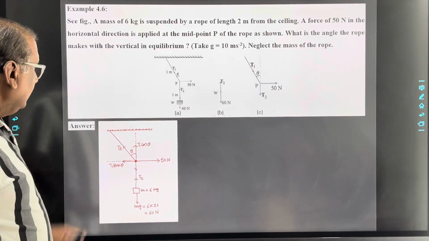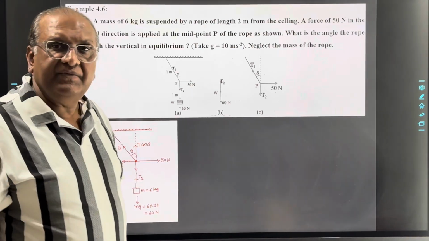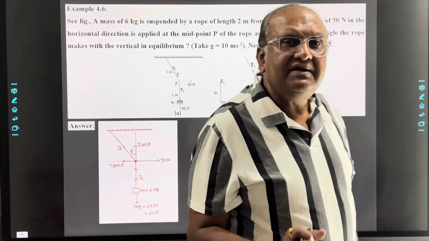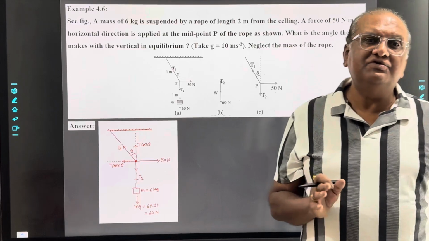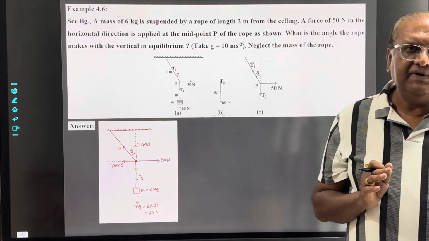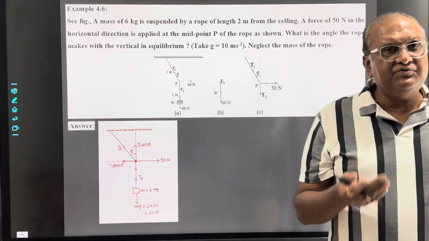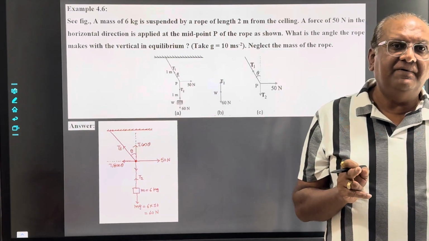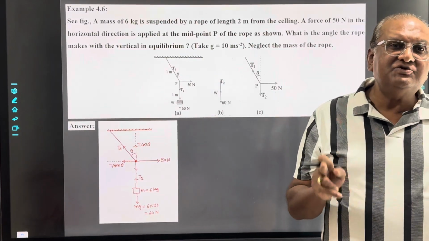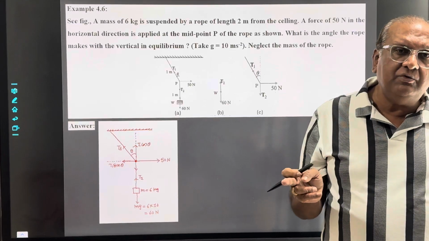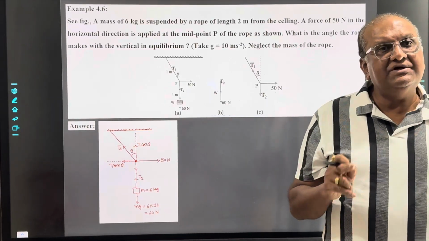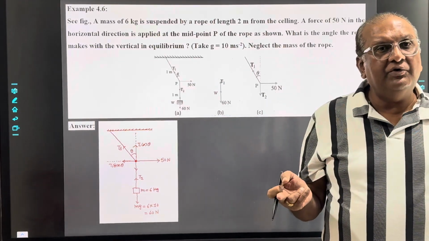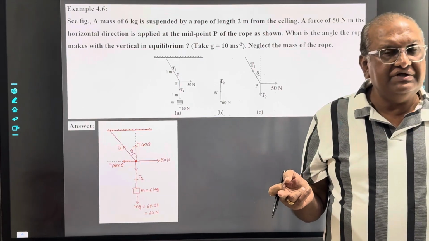So here we already discussed this thing. For equilibrium, the vector summation of all the forces should be equal to 0. In other words, the summation of x components of all the forces should be equal to 0, and the summation of y components should be equal to 0.